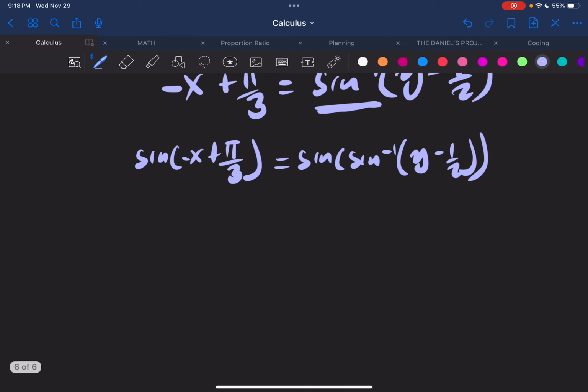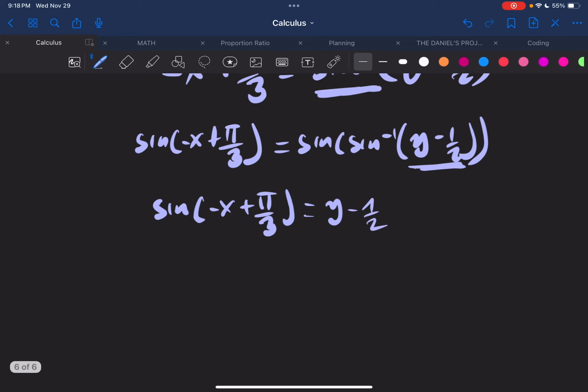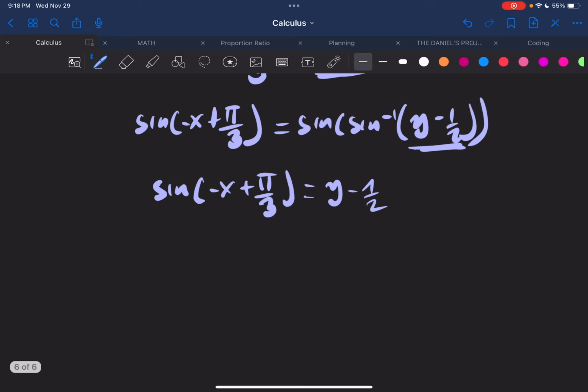This would give me sine of negative x plus pi over 3, which is equal to what is inside here because of our rule that we have. So I end up with y minus 1/2. If I continue to solve for y, I'm going to end up with sine of negative x plus pi over 3 plus 1/2 is equal to y.